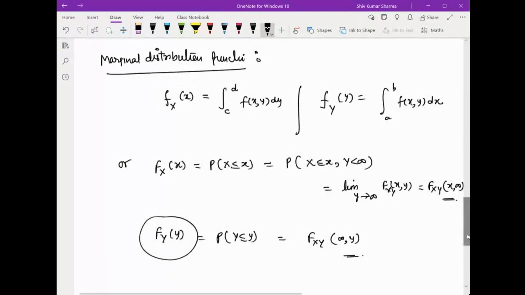We are finding the marginal distribution of x. So for the random variable x, taking Y less than infinity means you consider the marginal distribution for the x variable only. That means random variable x only. So that's why we put y as infinity.